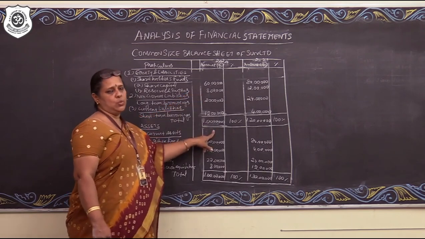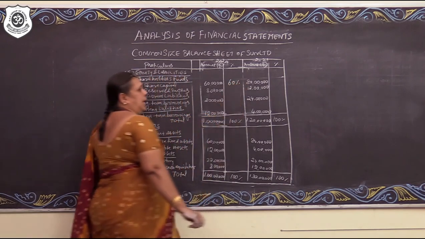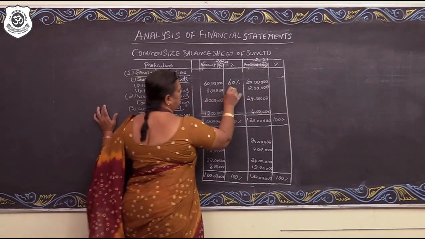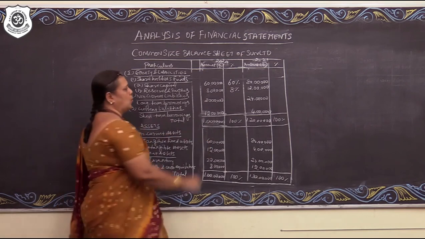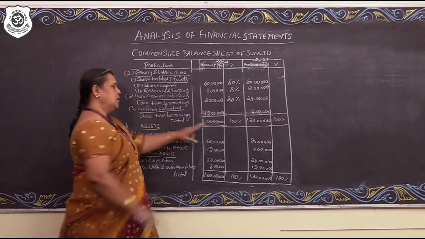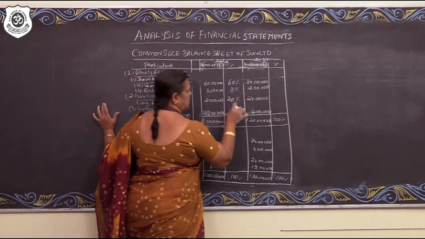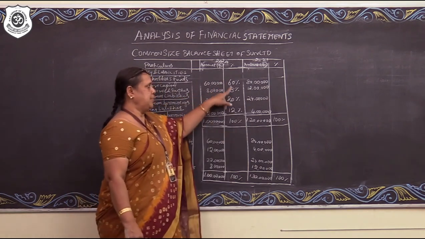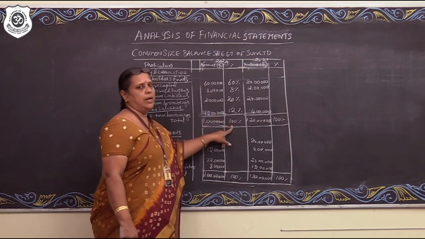Expressed as a percentage to the common base, you get 60%. 8 lakh to a common base of 1 crore gives you 8%. 20 lakh to the common base of 1 crore gives you 20%. 12 lakhs to a common base of 1 crore gives you 12%. If you add all these, 60% plus 8% plus 20% plus 12% gives you 100%.